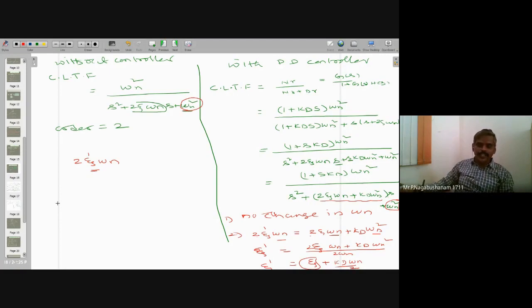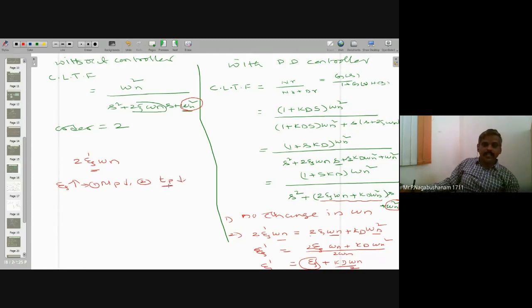That's why, I told you, if zeta is increasing, the number of oscillations in a system will decrease. When zeta increases, MP, the maximum peak overshoot, is going to decrease. That is the first one. The second one: if zeta is increasing, the peak time is going to decrease. It will take very little time to reach the input.